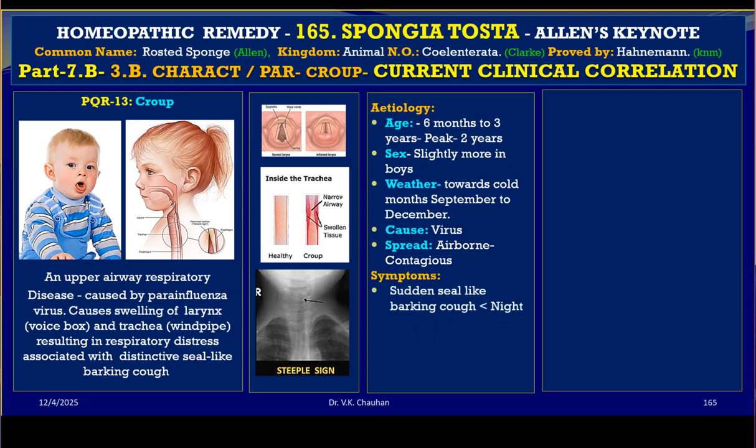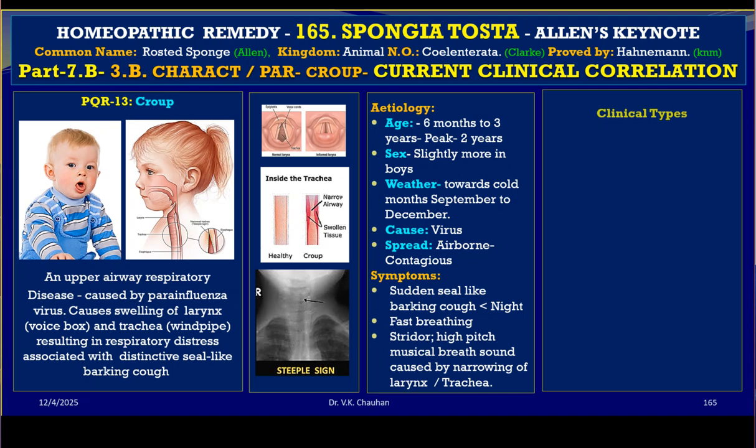So the symptoms: sudden seal-like barking cough which is worse at night, fast breathing, and a stridor, a high-pitched musical breath sound caused by narrowing of the larynx and trachea.